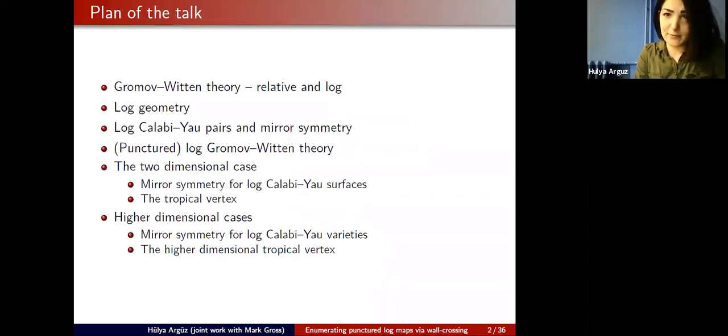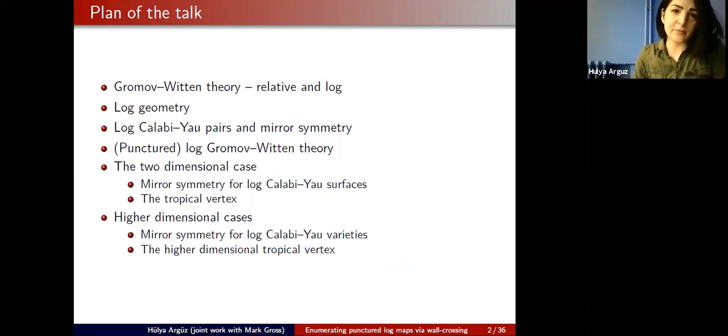My plan is to recall a little bit of what Gromov-Witten theory is and what relative and log Gromov-Witten theory is. Then I'll talk a bit of log geometry, log Calabi-Yau pairs, and mirror symmetry, and punctured log Gromov-Witten theory. Then I will tell you what has been done in the two-dimensional case in the context of mirror symmetry for log Calabi-Yau surfaces.